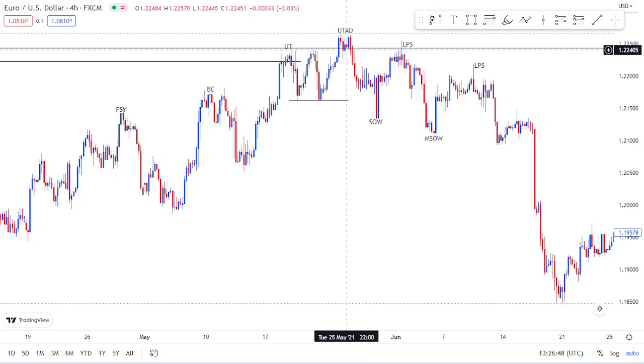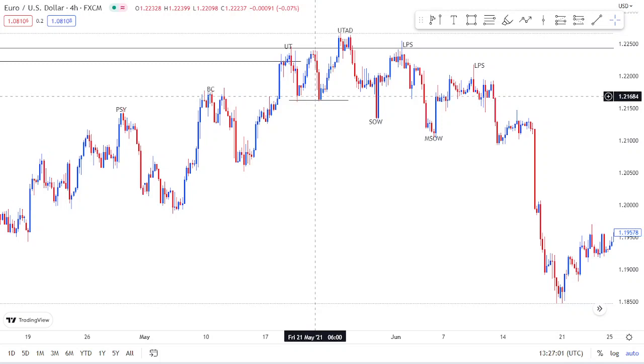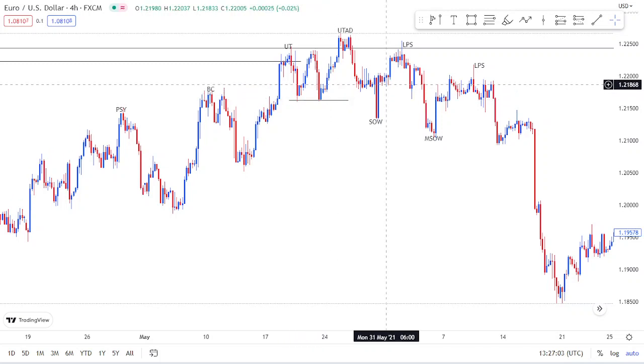Now we're looking for signs of weakness. At the upthrust and the upthrust after distribution, we saw clearly relatively equal lows at this point. These are the relatively equal lows that we're expecting price to take out.